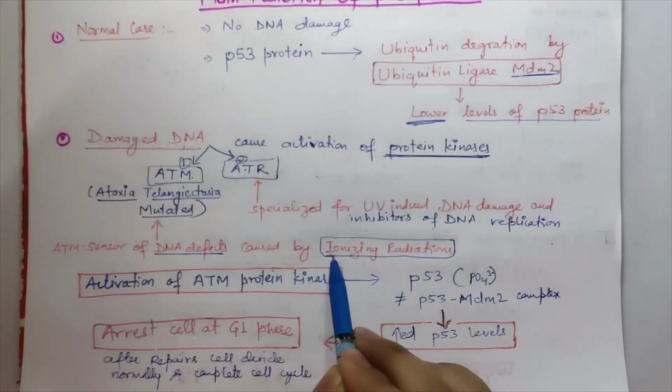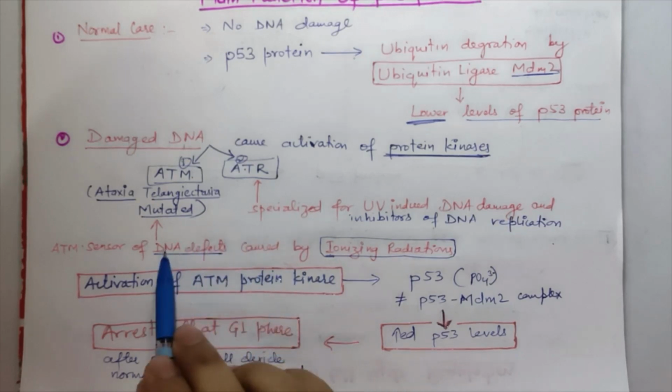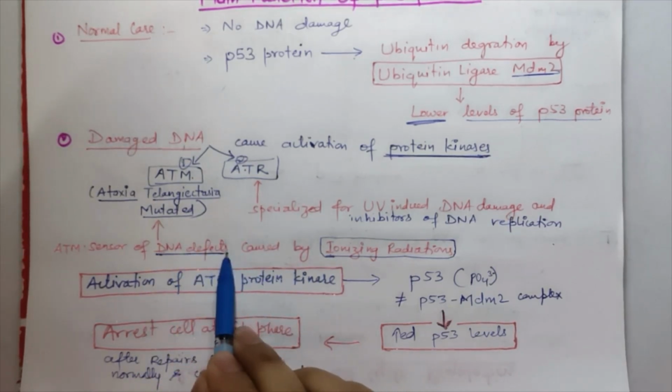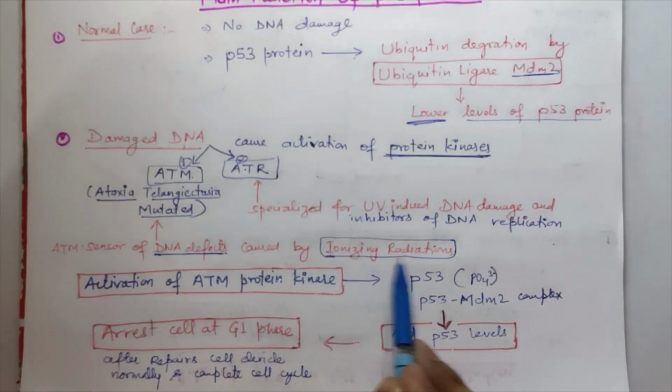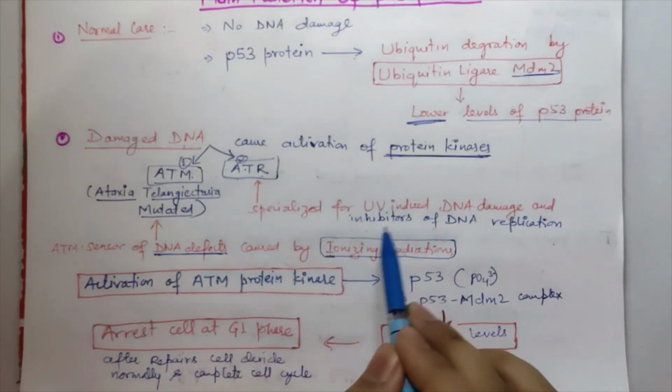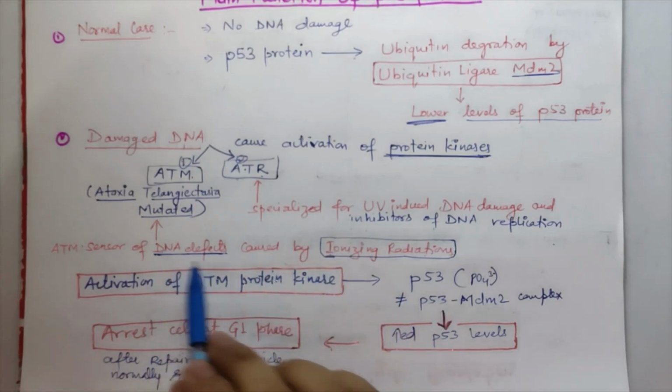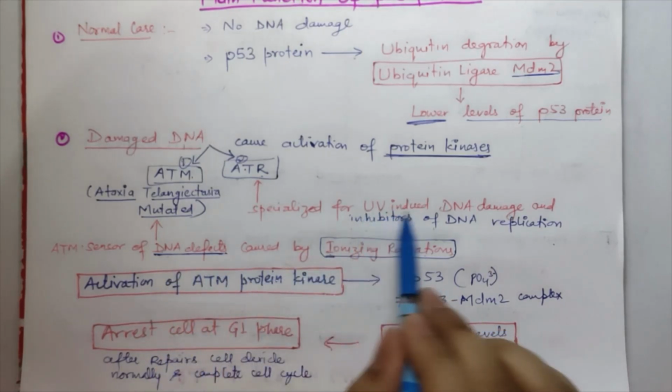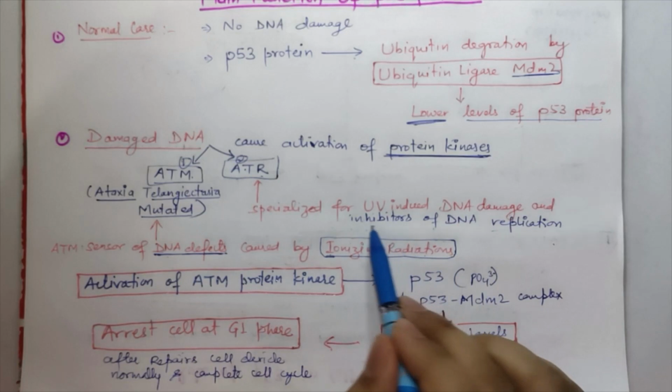It is important from an exam point of view. ATM acts as a sensor for DNA defects caused by ionizing radiations, while ATR is specialized for detection of DNA defects caused either by UV rays or by inhibitors of DNA replication.